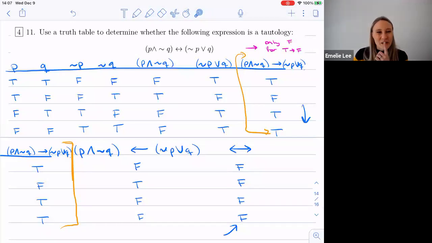I guess so. Because here, this back and forth arrow is only going to be true if they're the same. But here, false is not the same as true. So that would give us a false. Here, false, false, false.